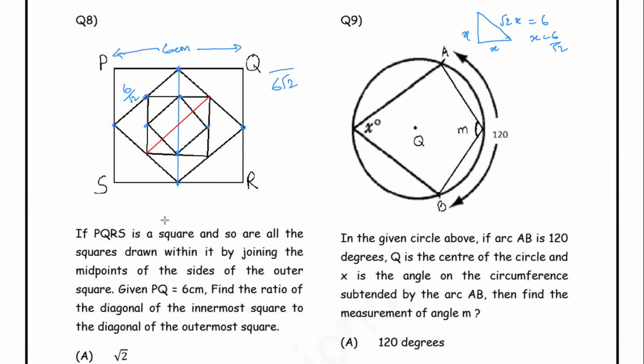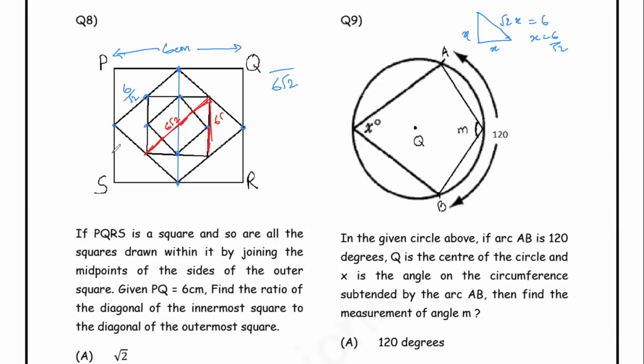So the diagonal of the innermost square is 6 root 2, right? This red one is 6 root 2. So therefore the side of the third square is 6 root 2 upon root 2, right? I'm sorry, 6 by root 2 upon root 2.